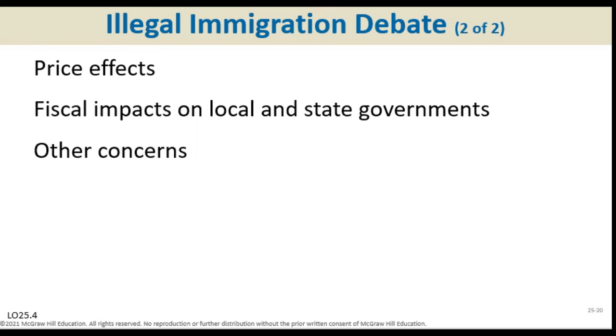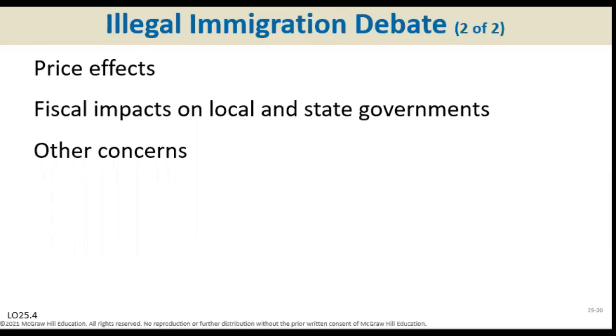The critics of illegal immigration also point to other concerns, such as an increase in criminal activity and the unfairness to those immigrants who spend time and money to immigrate legally.